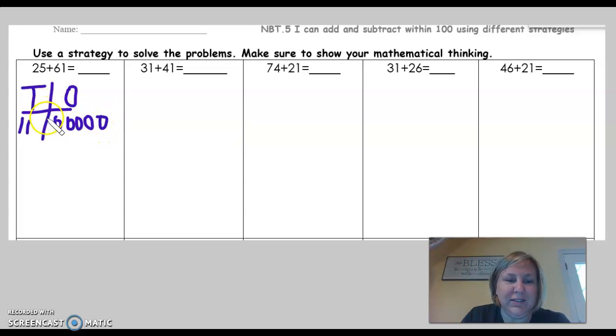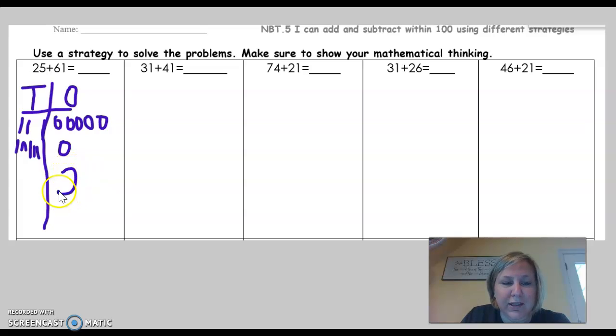Then I draw my 61 right underneath it: 10, 20, 30, 40, 50, 60, and then 1. And now I'm ready to add them up.